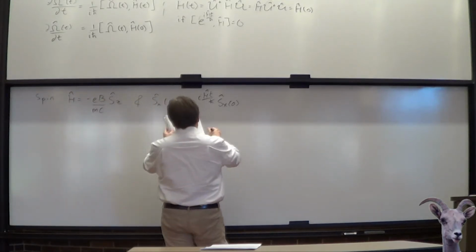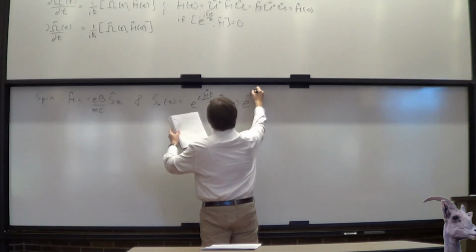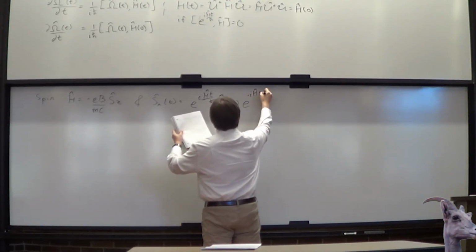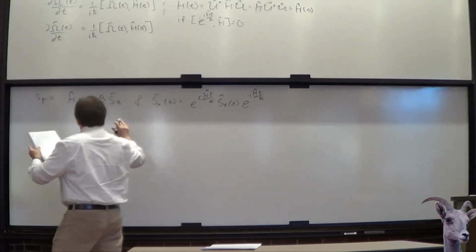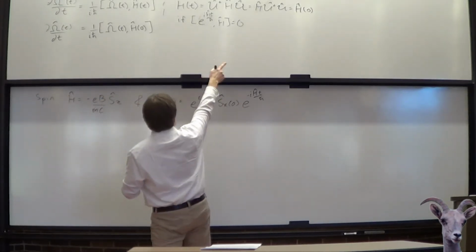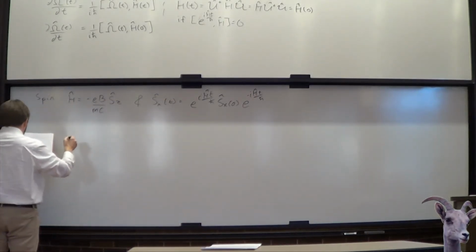Right, not bad. Now what the hell are we going to do with these e to the i H t over h bar? What do we do with those things, right? Okay, well, again, we can do that deal up there, but let's use the Heisenberg equation of motion.